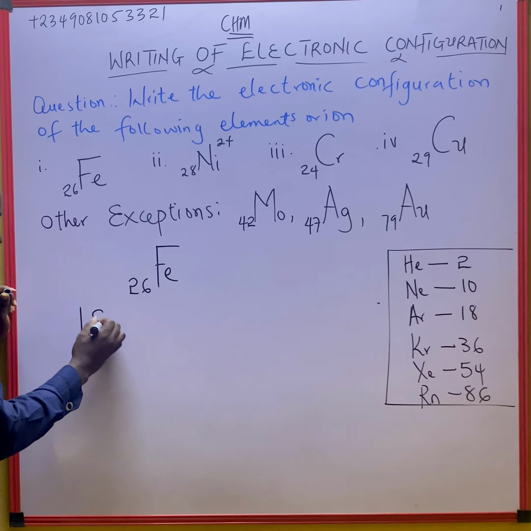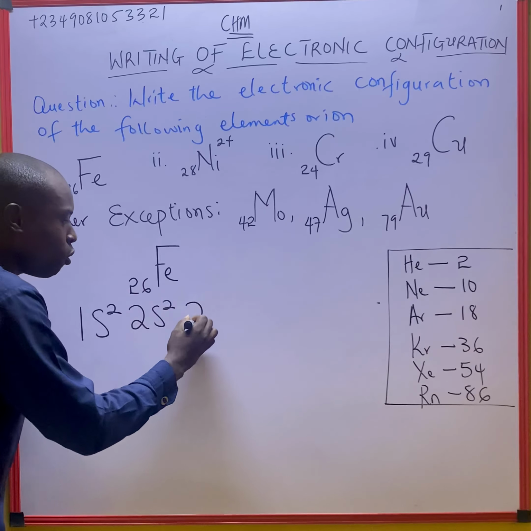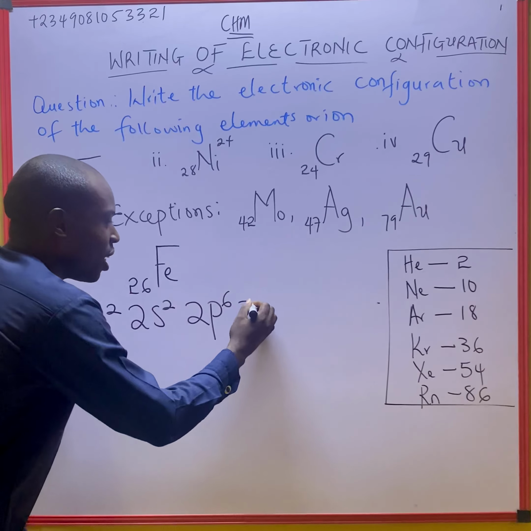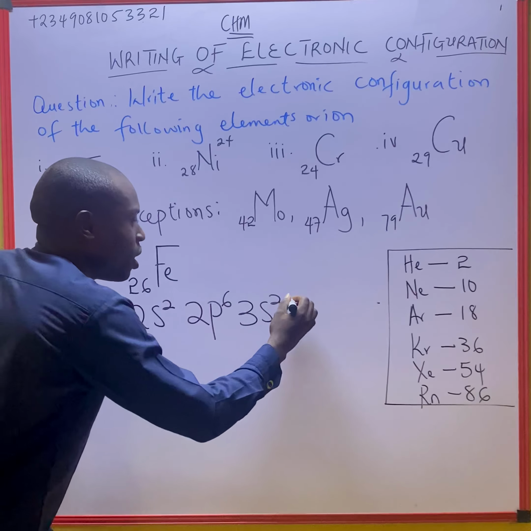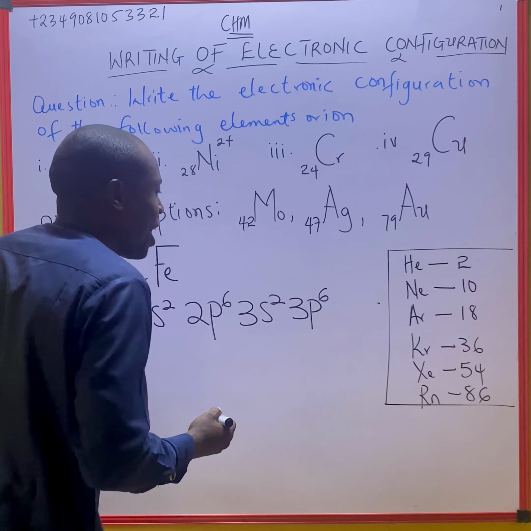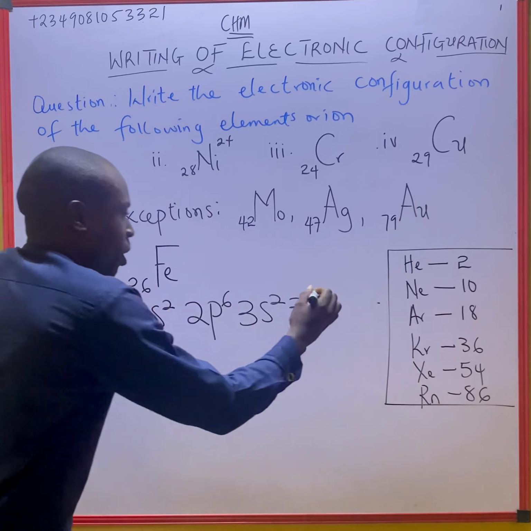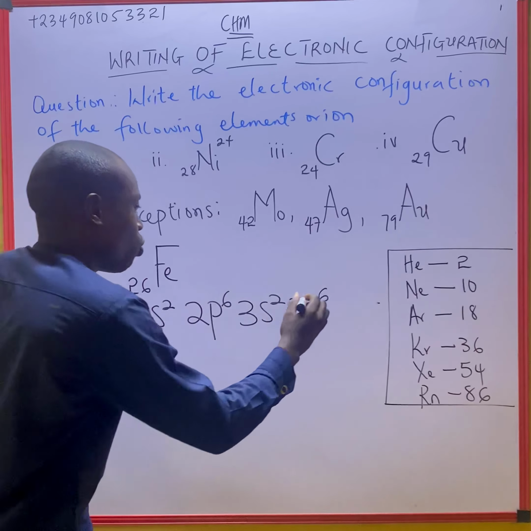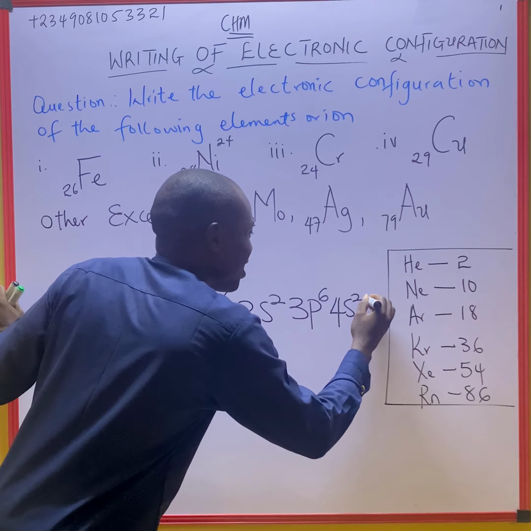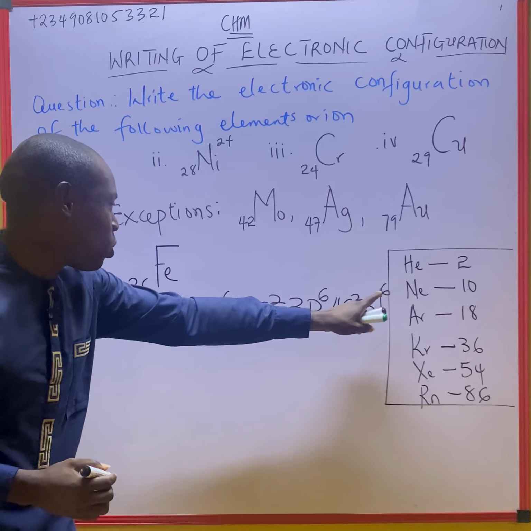It will be 1s2, 2s2, 2p6, which is 10 already, 3s2, 3p6, that's 3p6. We'll be having 4s2, then what now? 3d6. Look at it now. So altogether here is 26.